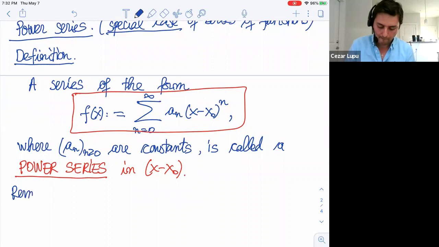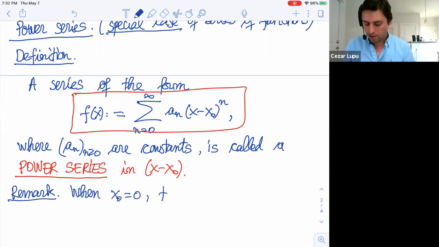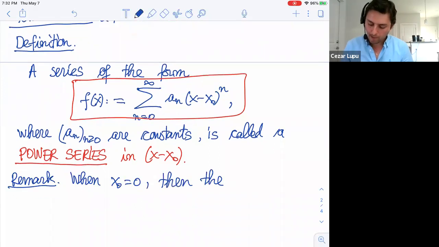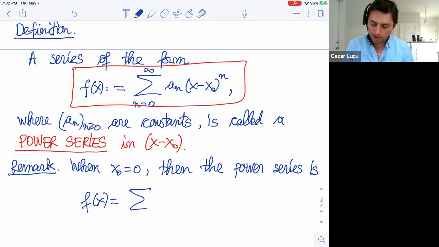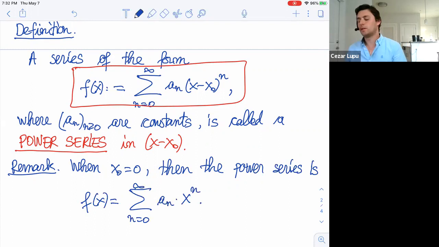So, remark: when x naught is 0, the power series is given by f of x equals the sum from n equals 0 to infinity of an times x to the power n.